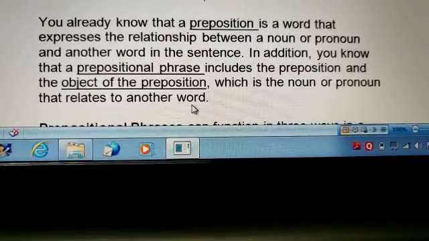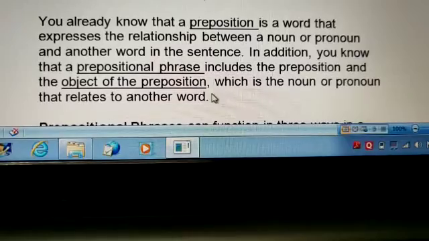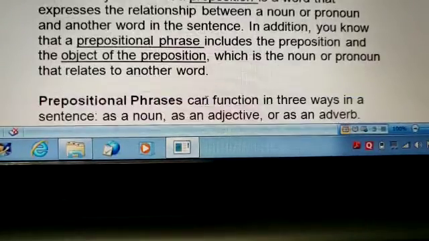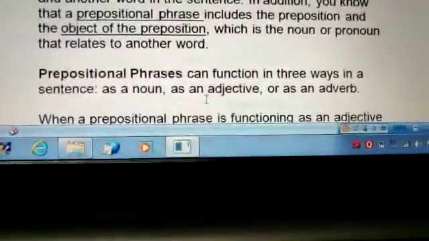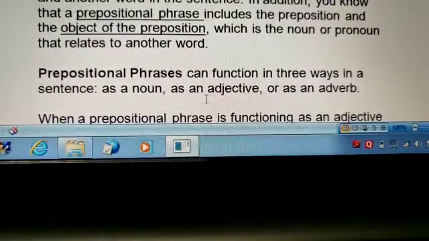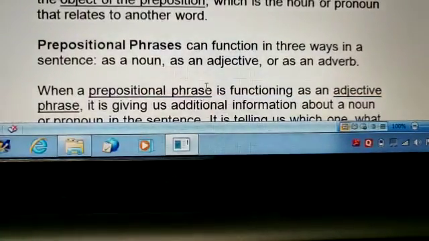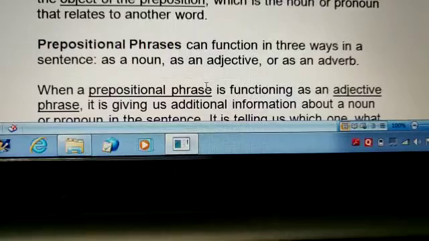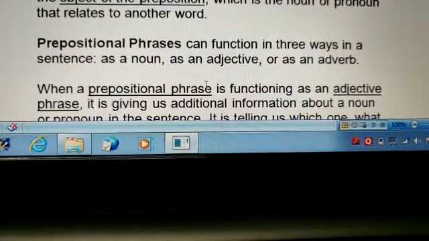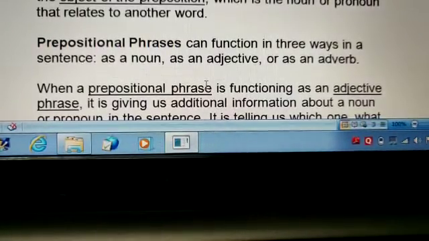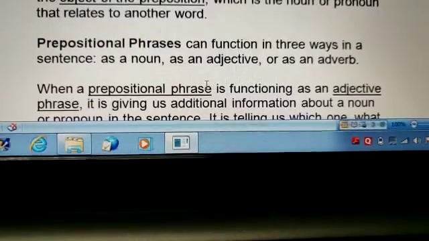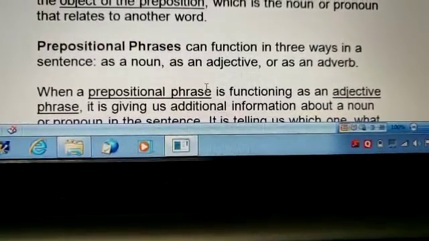Which is the noun or pronoun that relates to another word, right? Now coming to prepositional phrases, what they are all about. Prepositional phrases can function in three ways in a sentence: as a noun, as an adjective, or as an adverb.